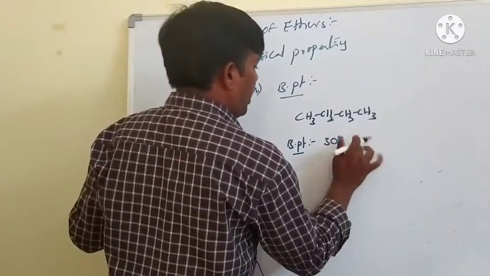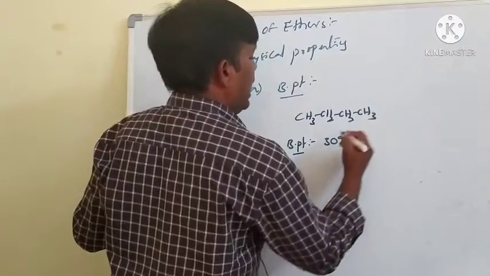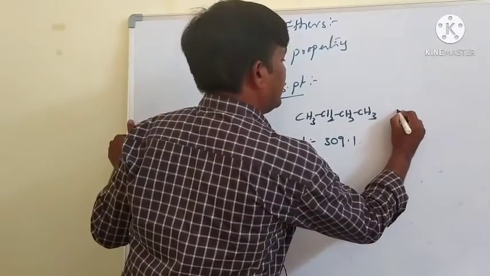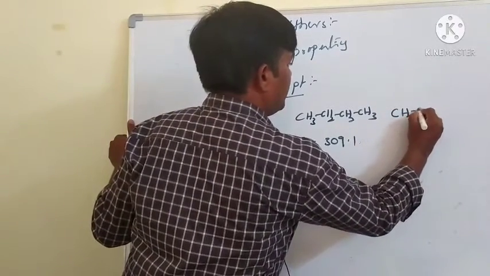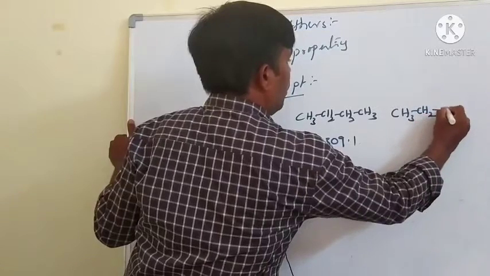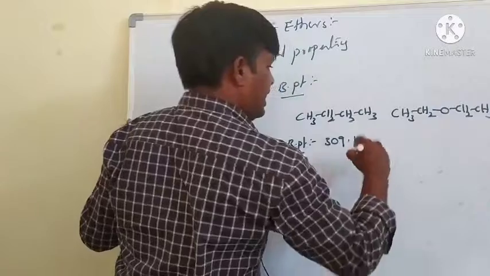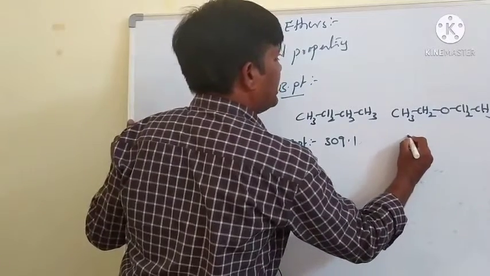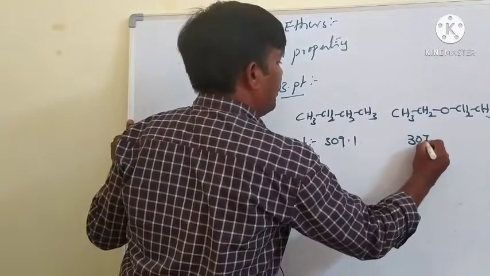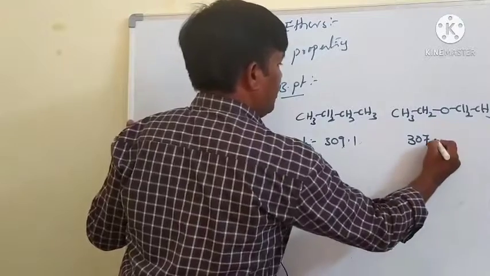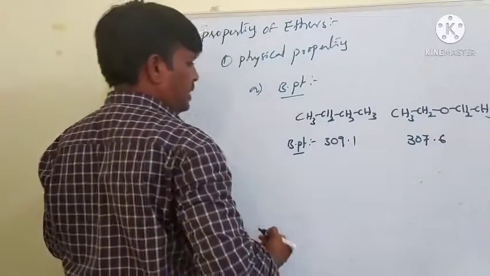And the ether, that is CH3, CH2, O, CH2, CH3, diethyl ether, has a boiling point of 307.6 Kelvin.